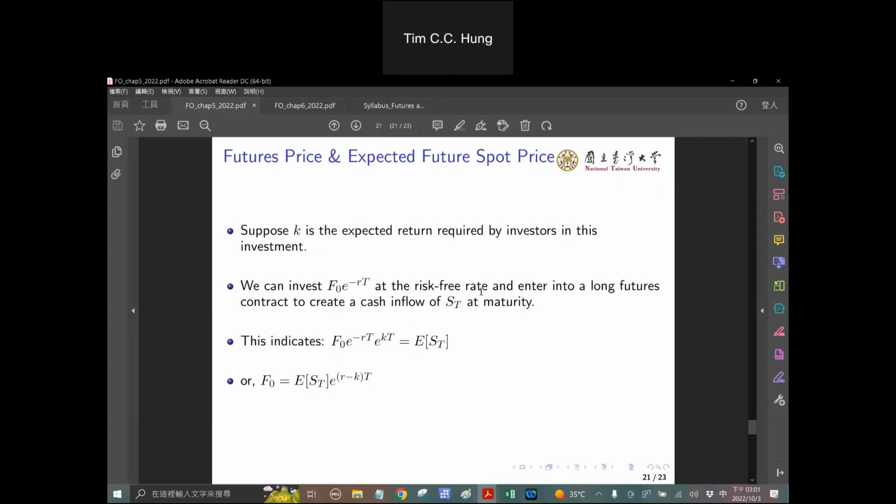We can express it as F0 times exponential of (k minus R) times capital T equals ST. So this is the relationship between R, the rate of return we use to discount all kinds of future cash flows, and K, which is the rate of return of the underlying asset itself.